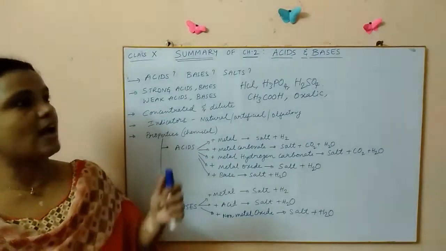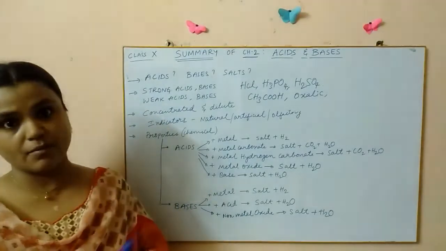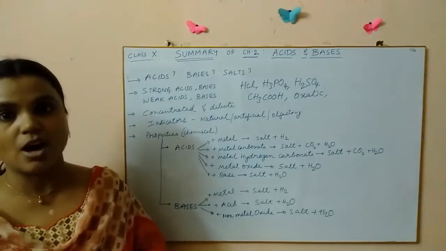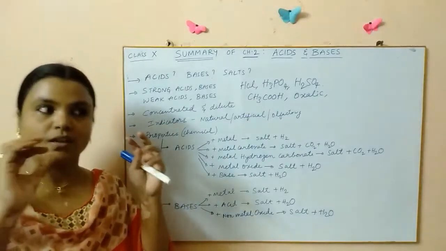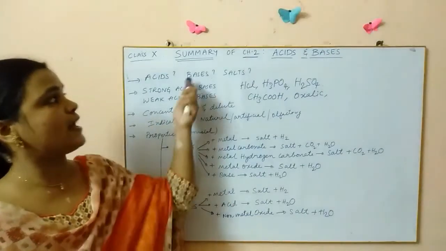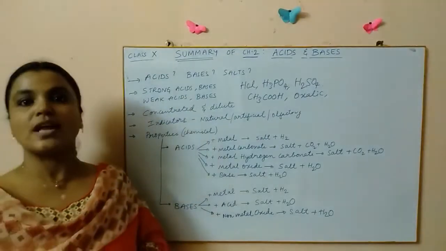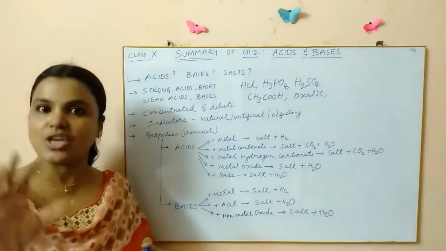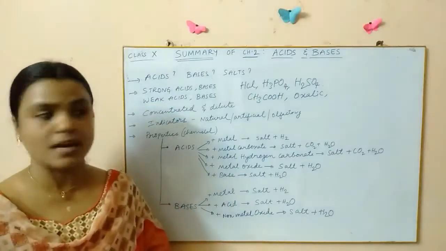We can't just put our finger and test whether it is an acid or base every time. It is very corrosive, very harmful, nor can we taste it, right? So in order to know whether they are acids or bases, to discriminate, we use certain chemicals which are known as indicators. They tend to change their color when they are in acidic or basic media.